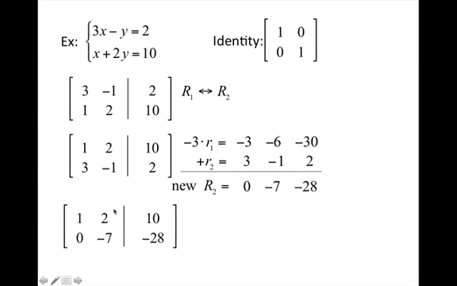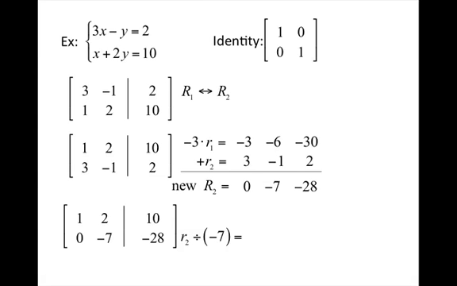I move on to column 2. I get my 1 first, so I need this -7 to become a 1. There's no numbers below it, so I'm not going to switch the two rows. If I switched these two rows, that would mess up my 1 and my 0 in column 1. So to make this negative 7 become a 1, I'm going to divide row 2 by negative 7.